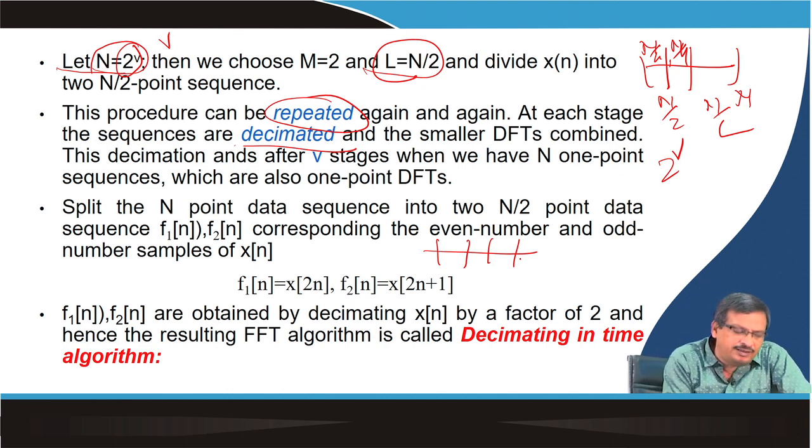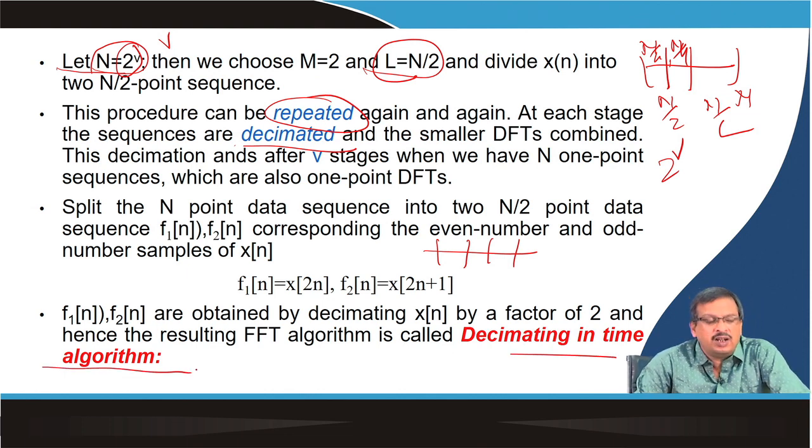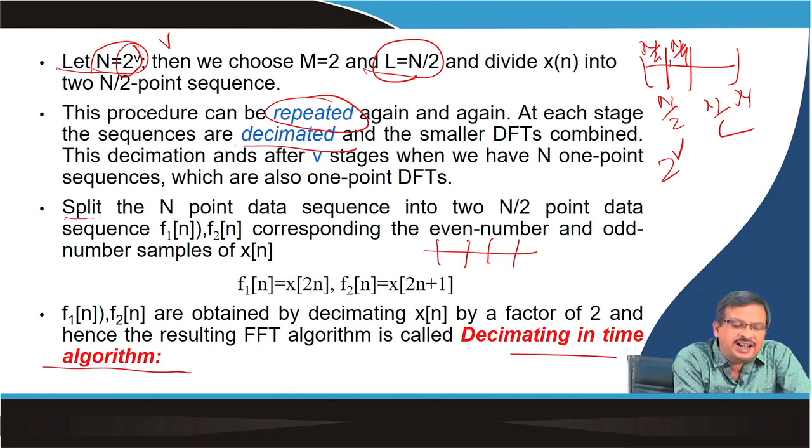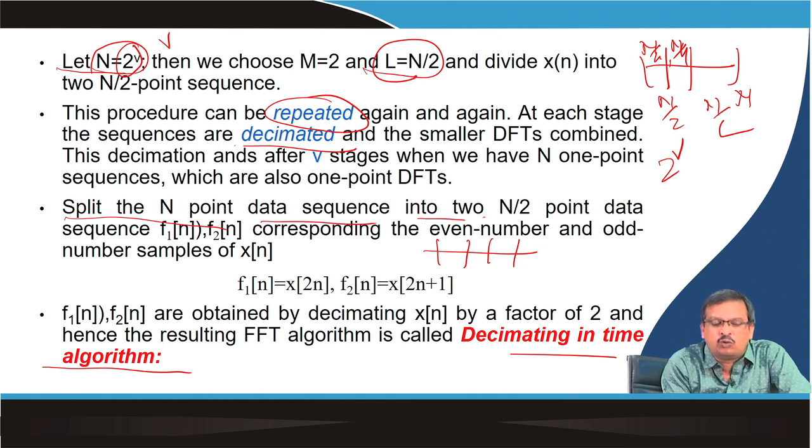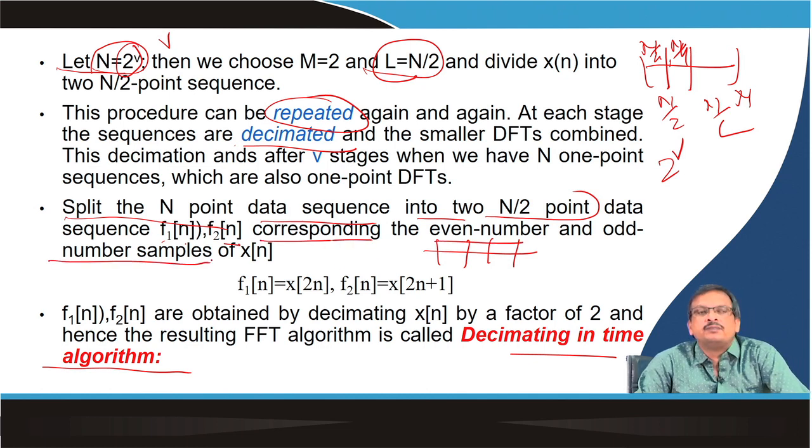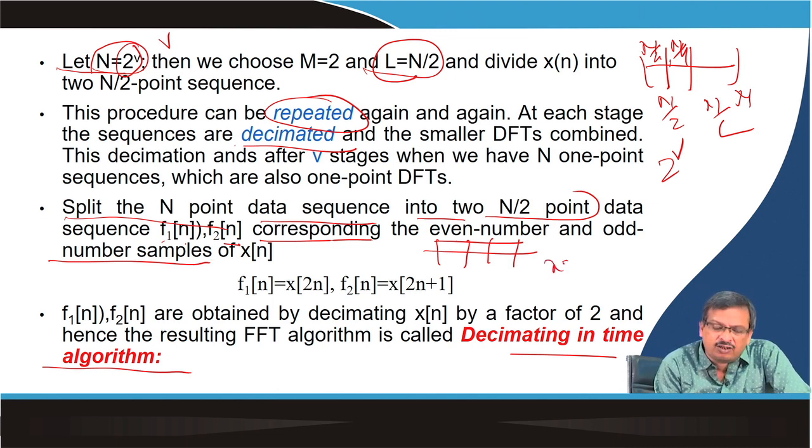Let us say I describe the decimation in time algorithm first. What is required? We split the N point data sequence into two N by 2 point data sequences, f1(n) and f2(n), corresponding to the even numbers and odd numbers. So I am splitting x of n into two data sequences by dividing by 2.